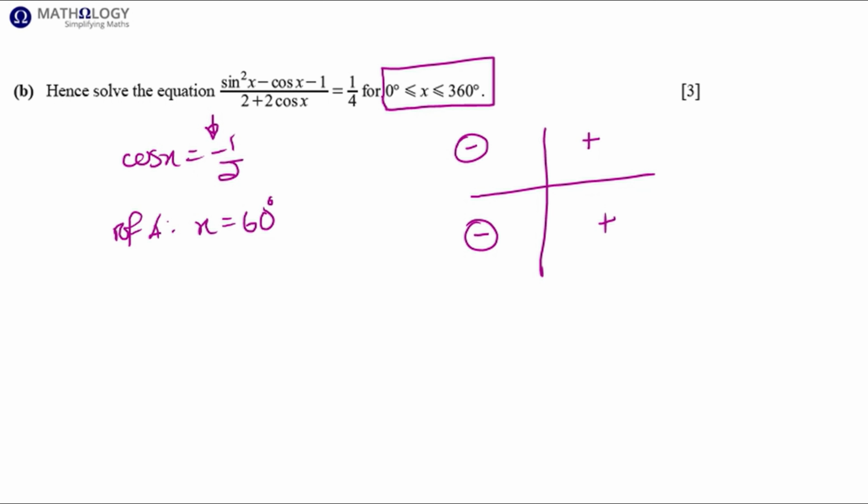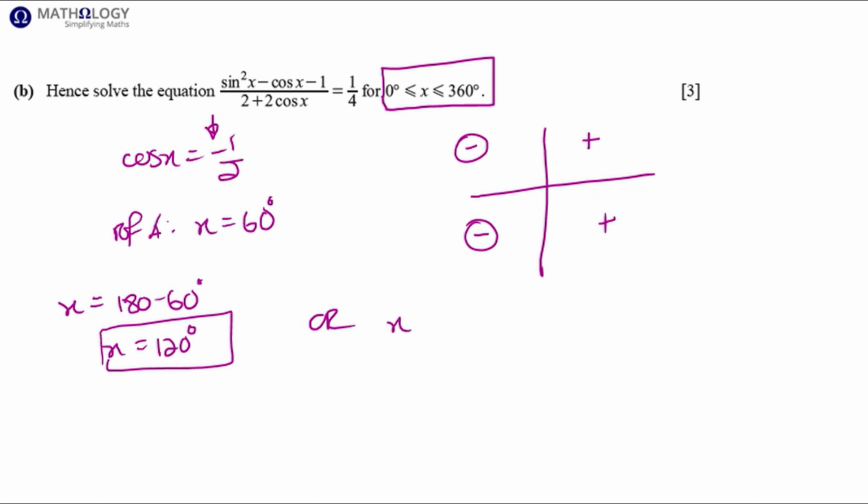So the first solution will be in the second quadrant, which is 180 minus 60 degrees. So x equals 120 degrees. That's the one solution. The second solution will be in the third quadrant, 180 plus theta, in this case 180 plus 60. So x equals 240 degrees. So x is either 120 degrees or 240 degrees.